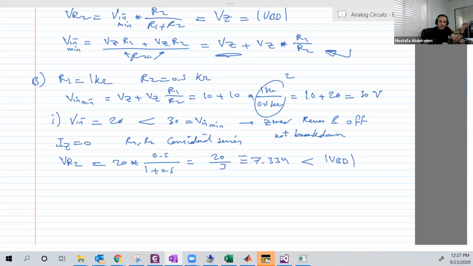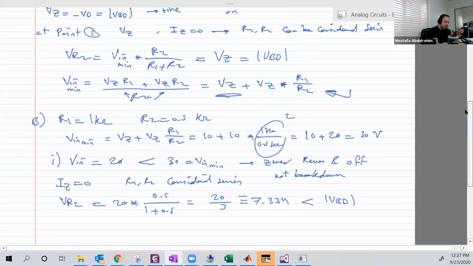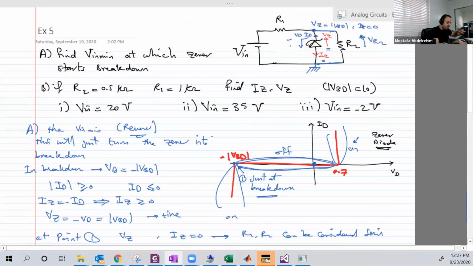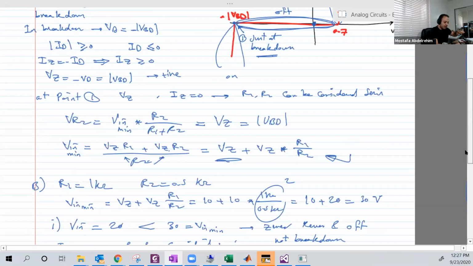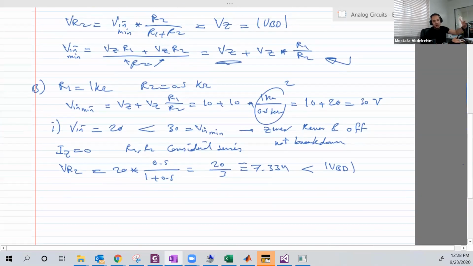Since you say it's off, the voltage across the zener should be less than the breakdown voltage. If you work with the original polarities, ID and VZ, those guys here, if you calculate, VD will be minus 7.3. It's not minus 10. So it's really not in breakdown.